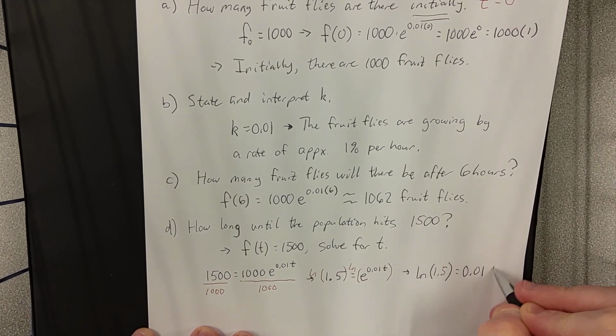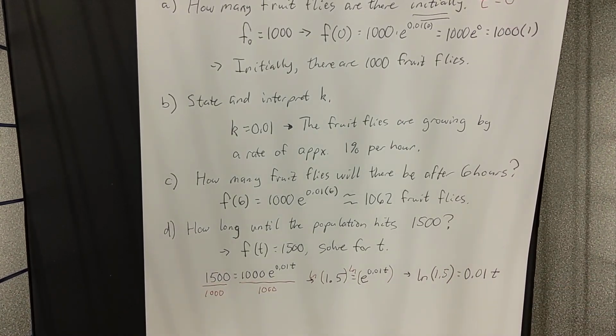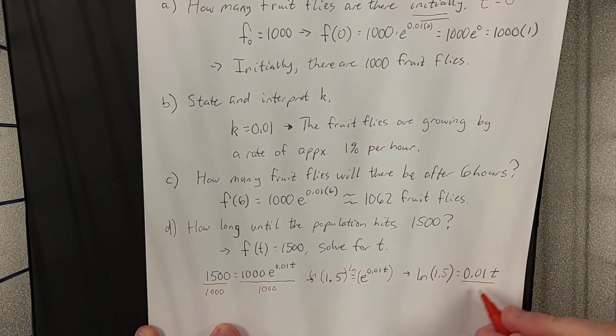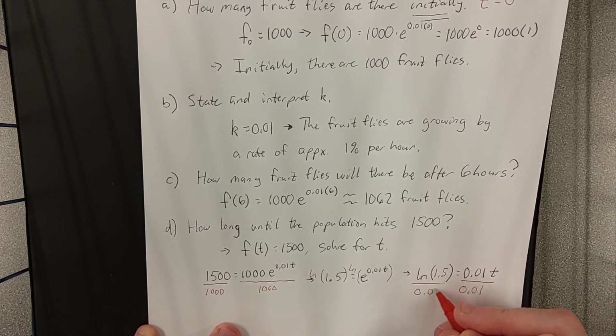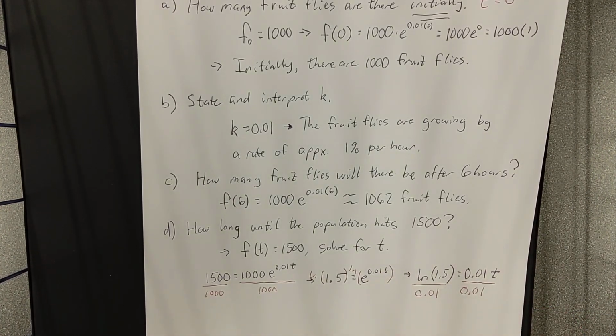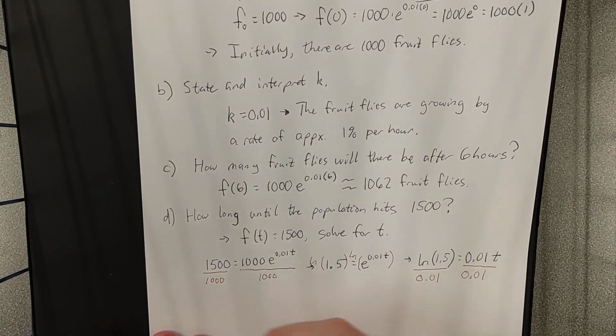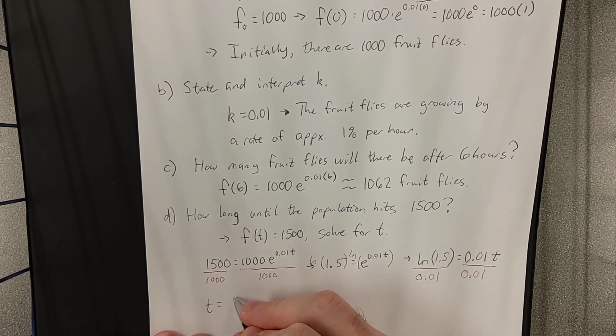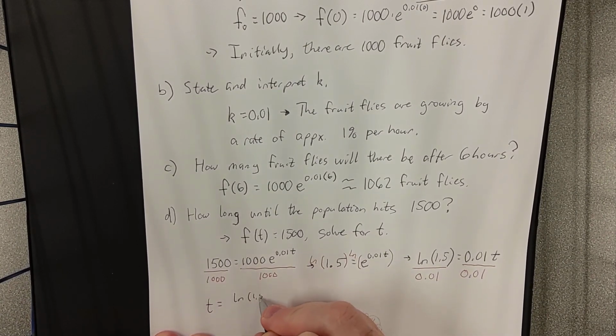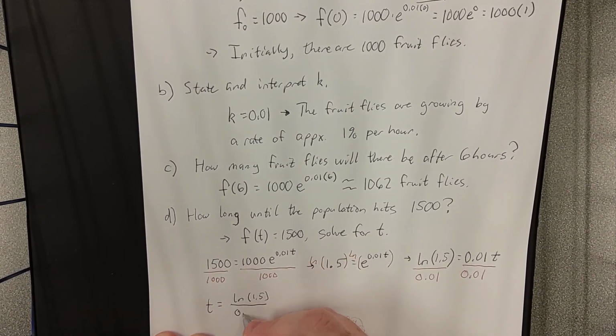We'll be left with 0.01t on the right-hand side and the natural log of 1.5 on the left side. For a final act of solving, we'll divide both sides by 0.01, which will allow us to get the right-hand side as simply t equals. So this will be, as an exact answer, t equals the natural log of 1.5 divided by 0.01.